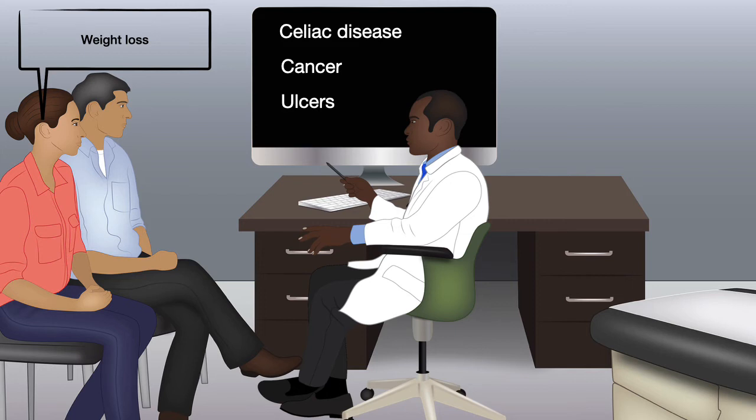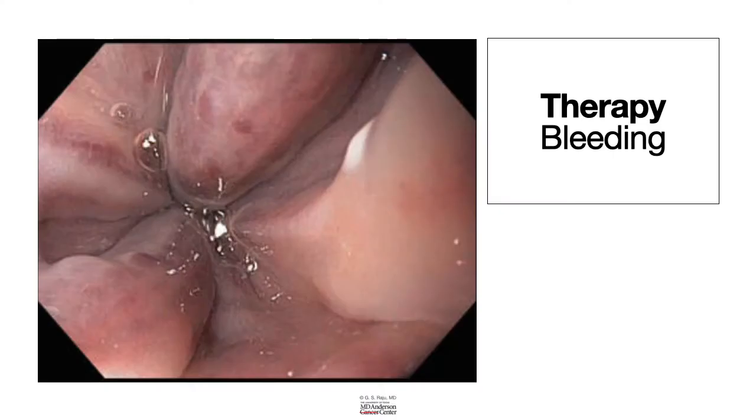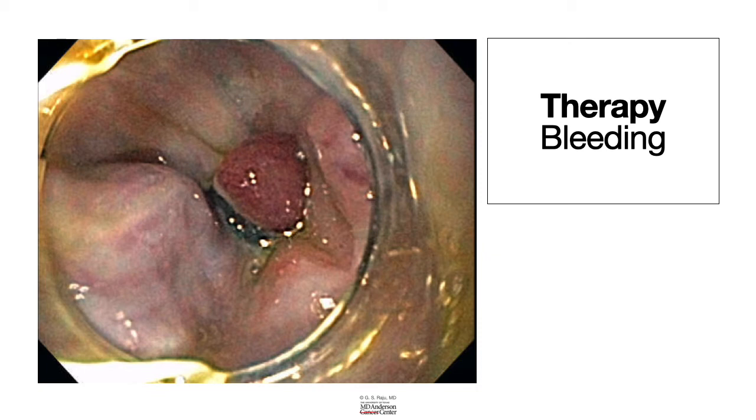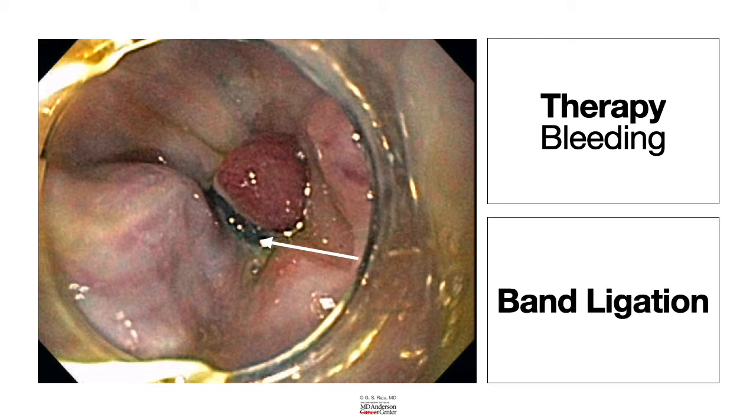So now let us go to how EGD can be used to treat upper GI conditions. Let me give you some examples. Here is a patient with cirrhosis who has come in with vomiting of blood from the varices, and you treat that by applying bands to those varices, and you can see the band here, and ligating the varices, otherwise known as band ligation.